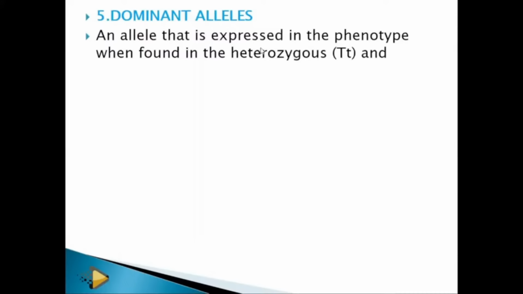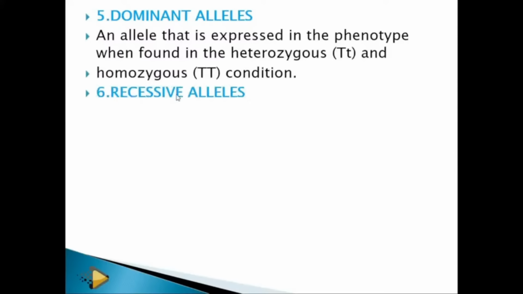Heterozygous means in different phases. One is like this, one is like this. So this capital letter suppresses this. That's why I say that a dominant allele is one which suppresses another allele. This capital letter will suppress the small letter.